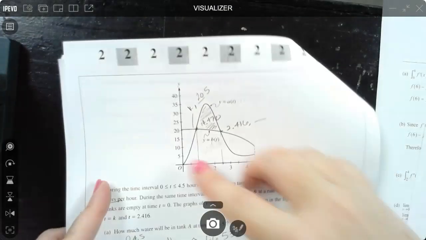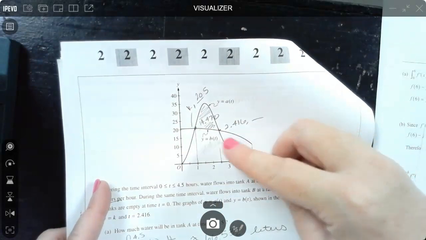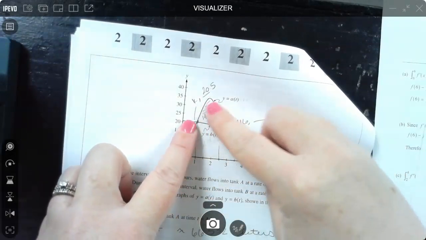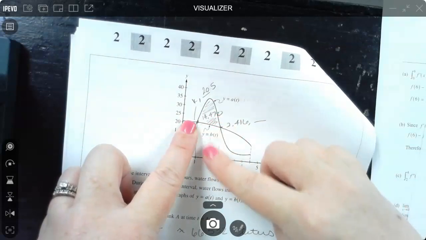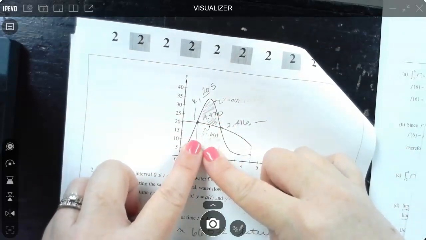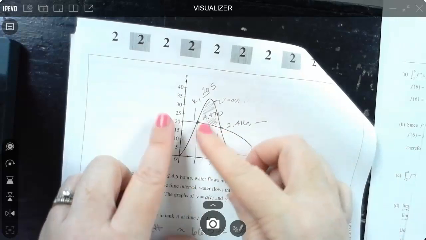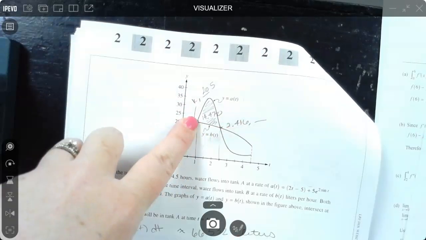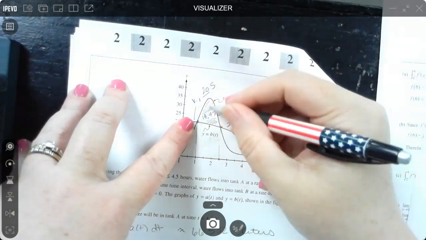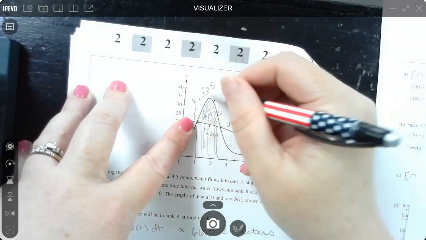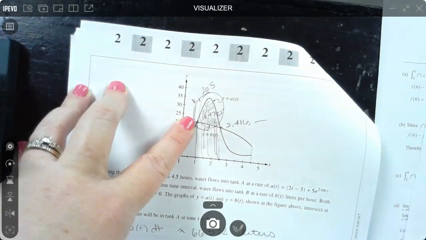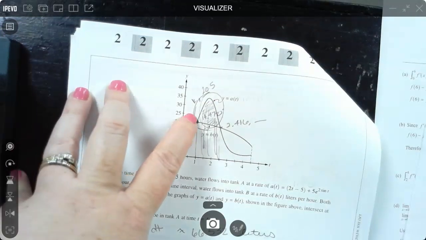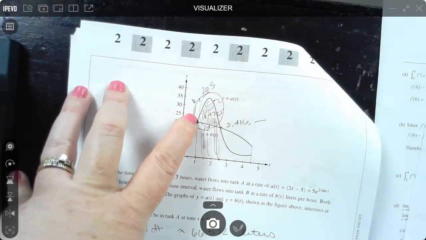In other words, if you do this whole thing, because I have an equation for that, I have to subtract out this 14.470 to find this because I don't have an equation for B. So if you do this area here, these 2 points, then what I've got is all of this area, and I have to subtract that out. So it's a little convoluted. It's kind of backwards of what we've done, which makes it a little bit hard.